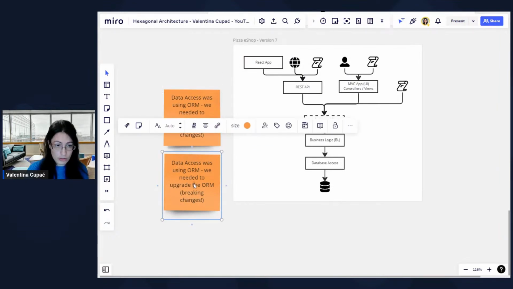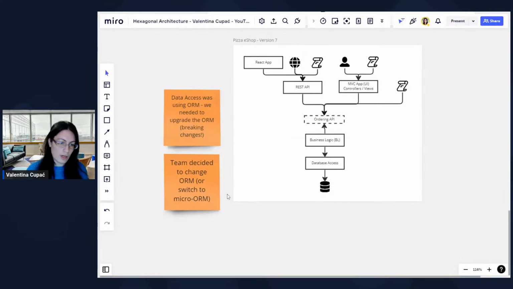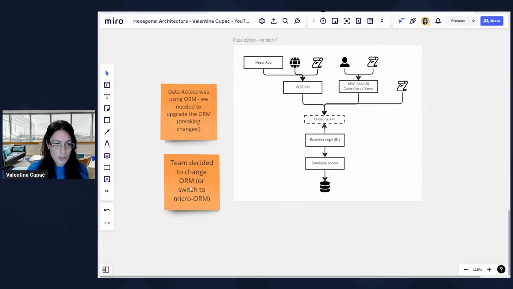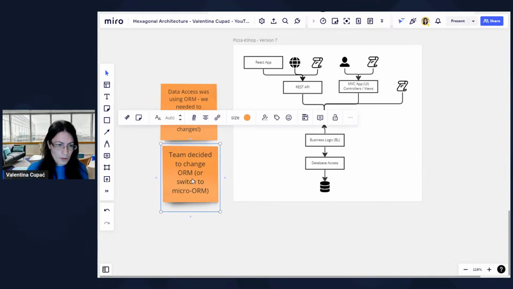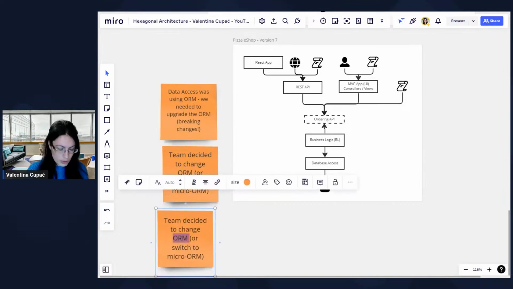That was not the only scenario that occurred. The team decided to change ORM or switch to a micro ORM because the current ORM was maybe too heavyweight. They weren't satisfied with the queries generated by the ORM, so they wanted to maybe write SQL themselves. Or even deciding to switch to a different database.